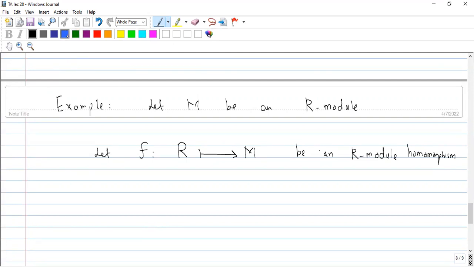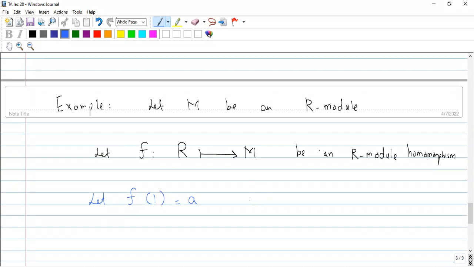So here also the logic will be the same. Let the image of 1 be equal to a.